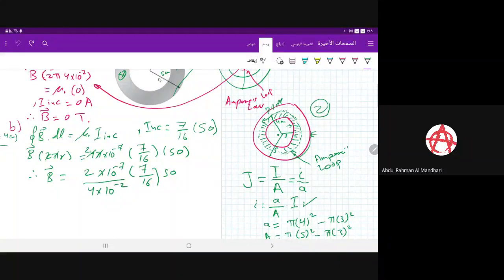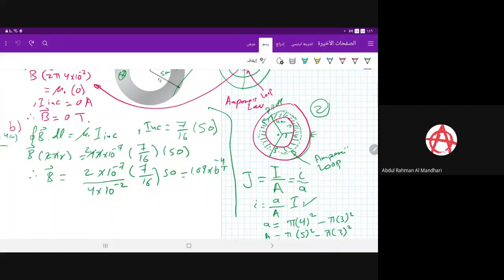And you should get B, if you calculate it very well, I think it is 1.09 into 10 to the minus 4.